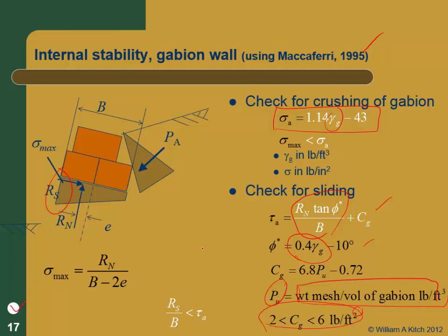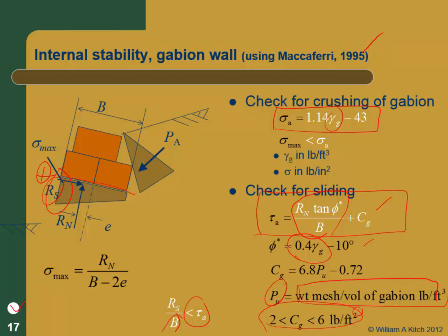And then you want to check that your shear force divided by B, right? So that's your shear force. This shear force is actually going to be in pounds per foot because it's going to be into the board, right? Into the projector there. So that over B is a stress, and you want to make sure that that's less than its allowable stress right there.